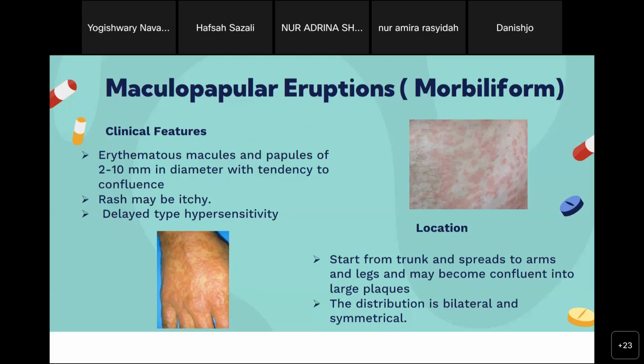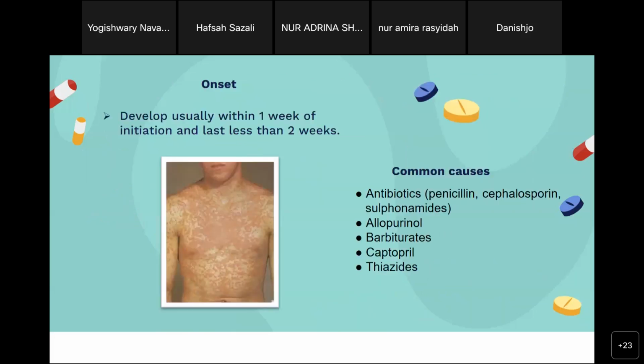The distribution is bilateral and symmetrical. For onset, it usually develops within 1 week, and it lasts for less than 2 weeks. The common causes are antibiotics, allopurinol, barbiturates, captopril, and thiazides.